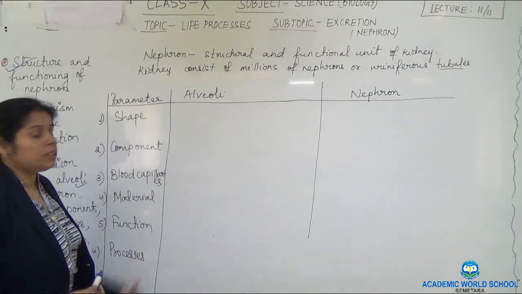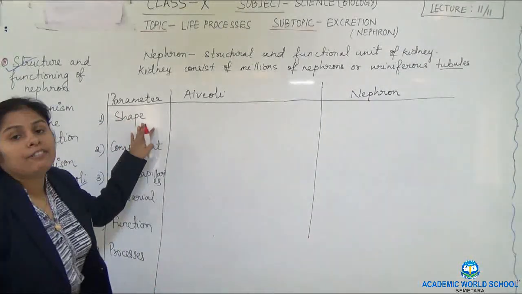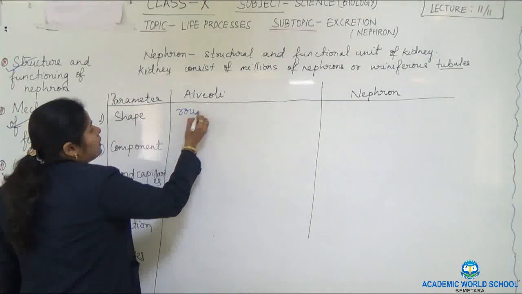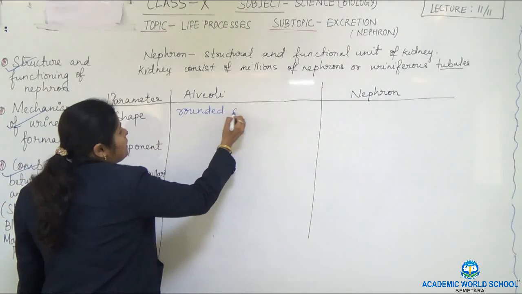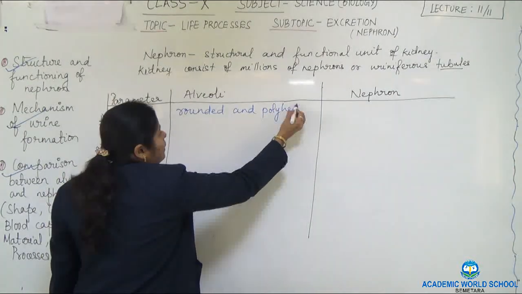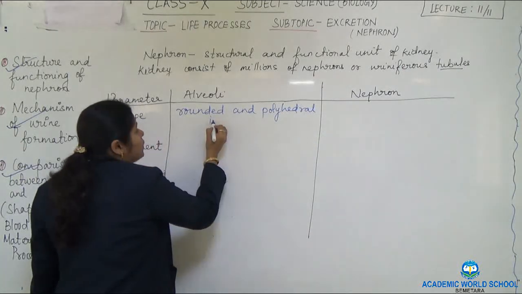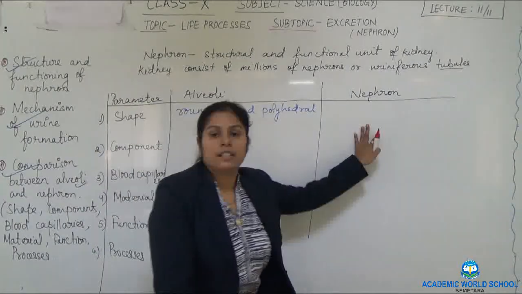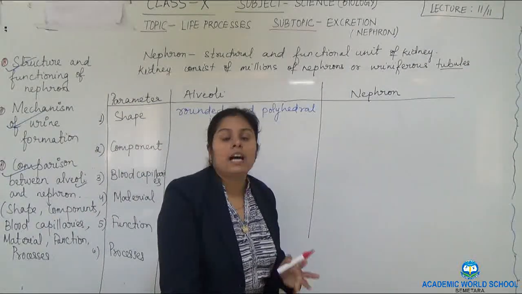Now first coming to the shape. Remember, how does the alveoli look? It is rounded or polyhedral in shape. Whereas we have studied the structure of nephron just now. How is the shape?